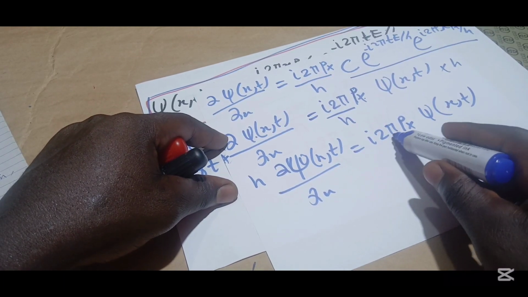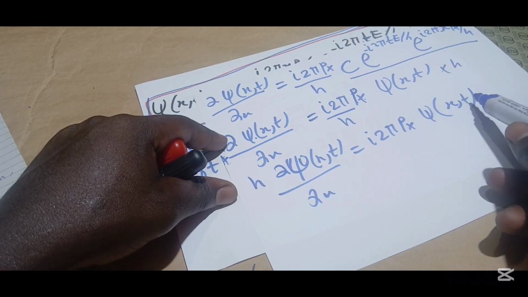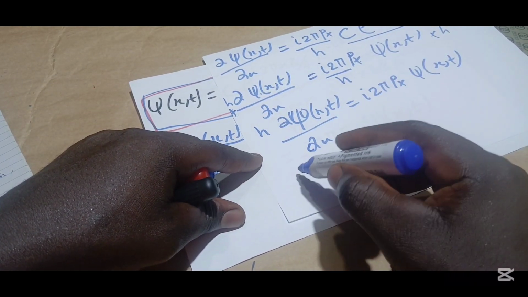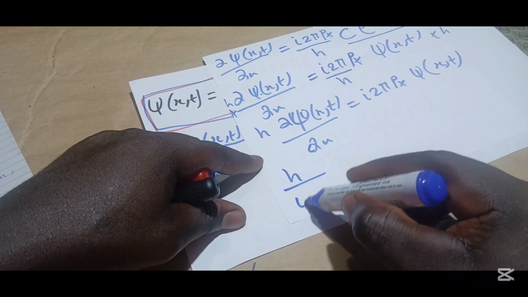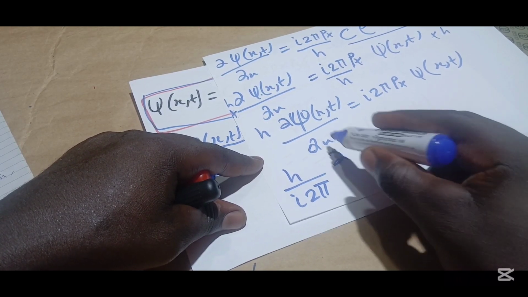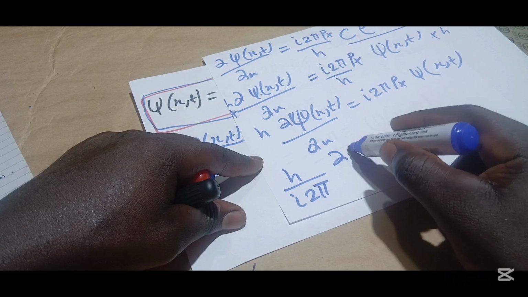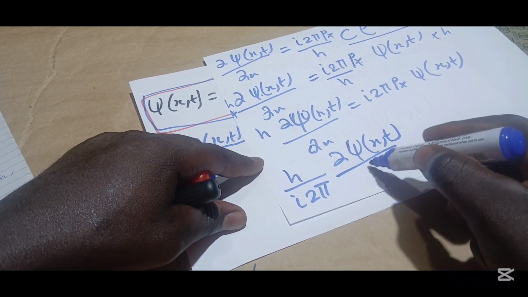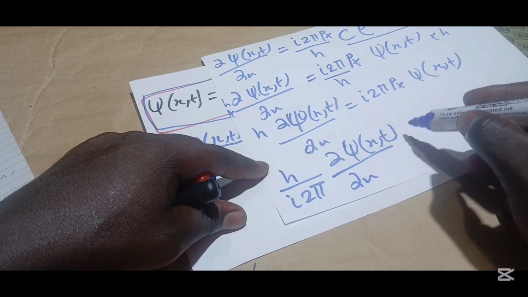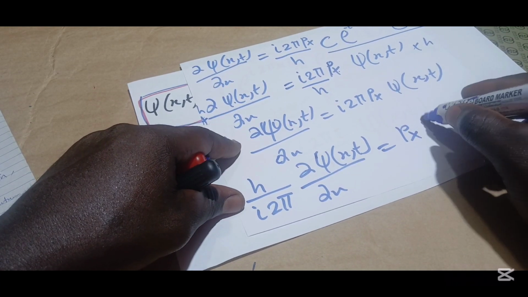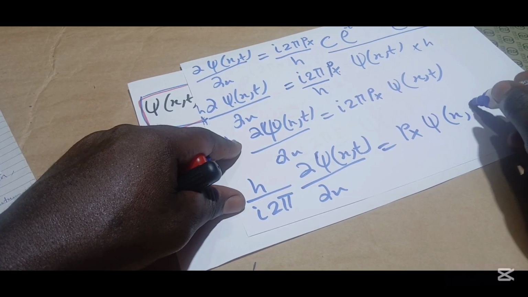So we divide by i 2π to leave only the momentum term. After we do that, we are going to get h all over i 2π times d of the wave function all over dx equal to p_x right here, and our wave function again.